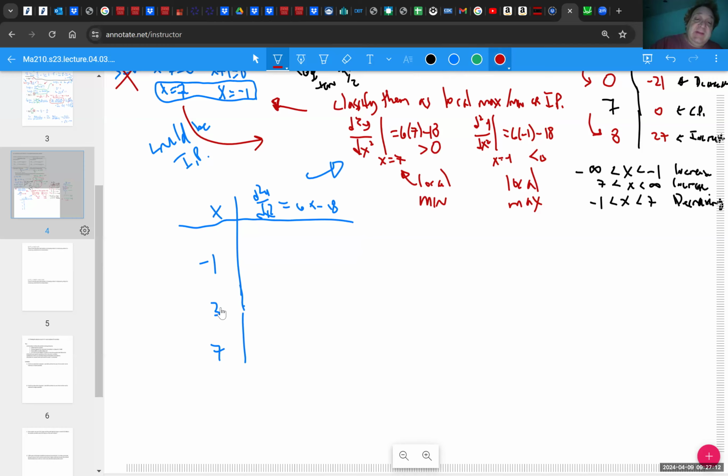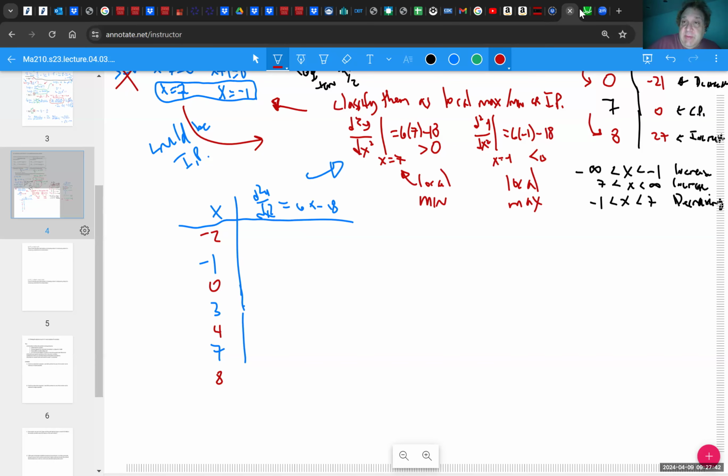Once again, we're going to test something over here, test something over here. Below -1 is like -2, 0 is in between, and let's say 4 is in between, and 8 is over here. So we're going to test more numbers because we don't really know for sure whether -1 and 7 are inflection points, because with this particular method, you don't really bother classifying them. So I have more numbers to plug into the second derivative: -2, -1, 0, 3, 4, 7, 8.